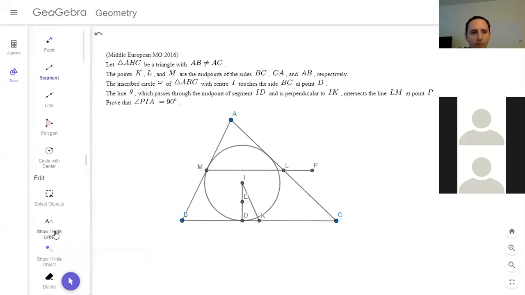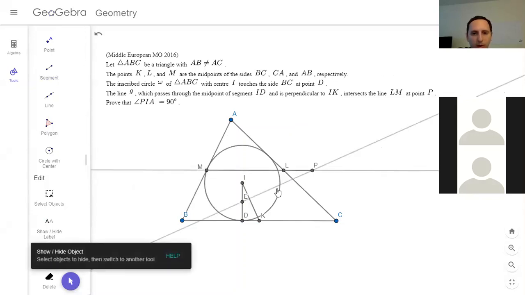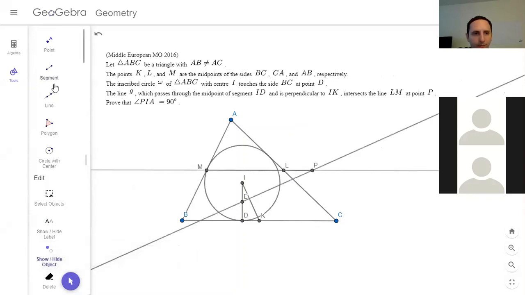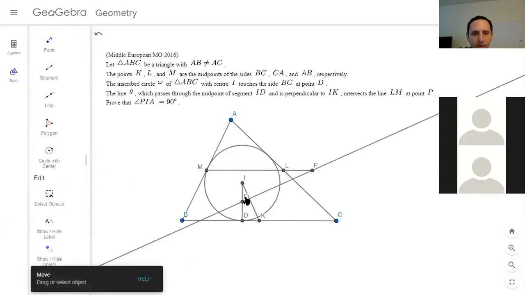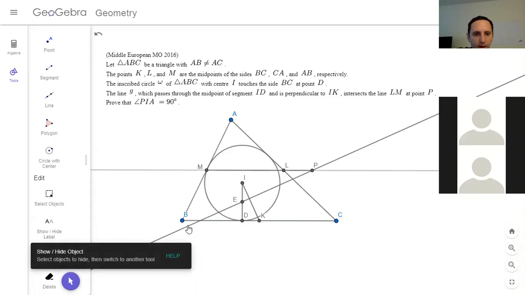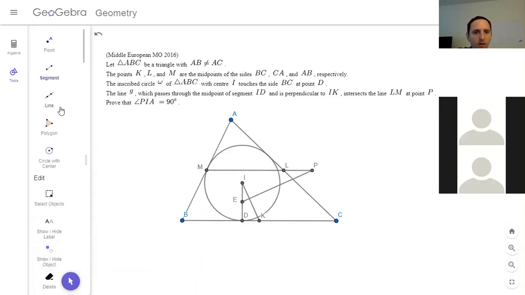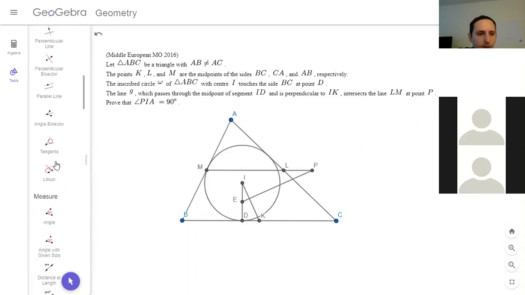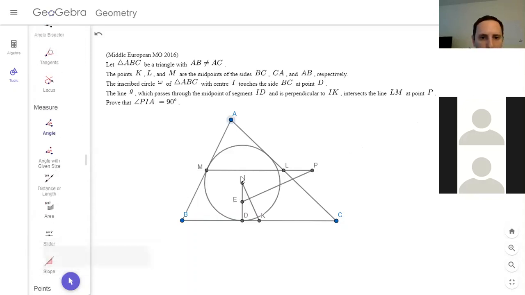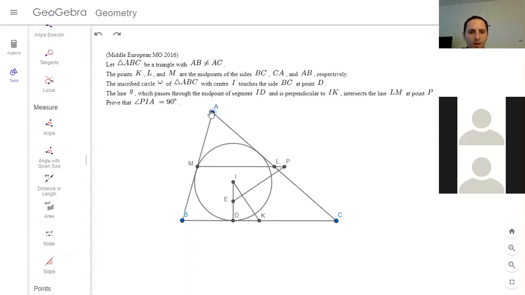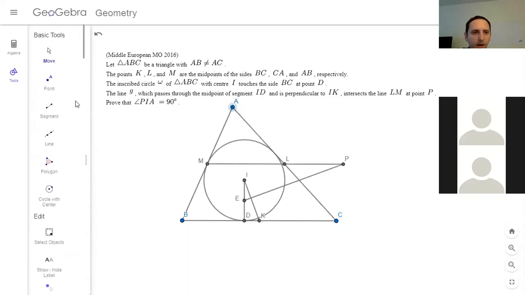Okay, so we want to show, so EP is perpendicular to IK. And we want to show angle PIA is 90 degrees. Let's just check that. It's an interesting problem. Let me draw PI and IA.